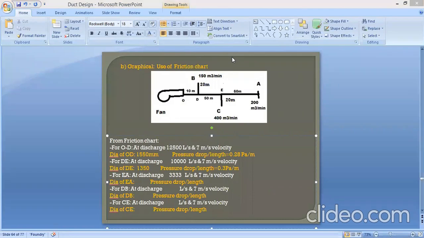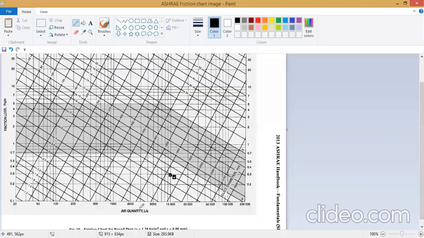So 3,300 will come somewhere here, and 7 is here.